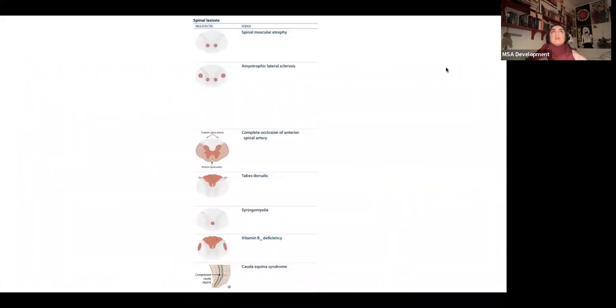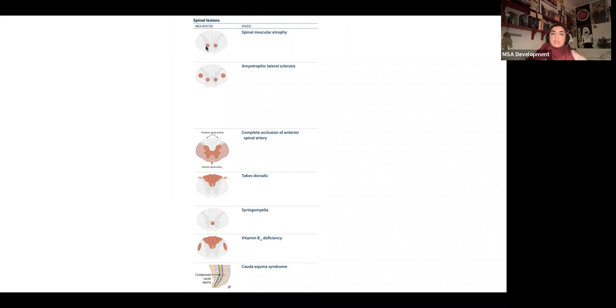So when we have different parts of the spinal cord responsible for different things, we can understand what the presentation might be in different problems involving the spinal cord. So over here, we have spinal cord problems or diseases. And if we look at them, we can see which parts are affected and what that means. So in spinal muscular atrophy, we have the gray matter and then the white matter.